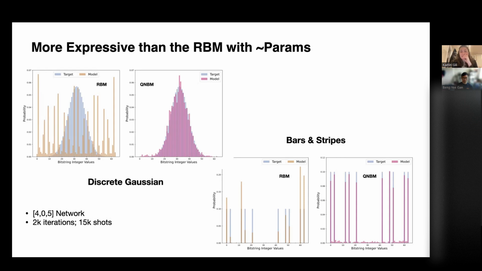The nice thing about the QNBM and the QCBM is that their training algorithms are very similar: same cost function, same way of sampling, and we can even use the same optimizer. Whereas classical models like the RBM are trained differently than quantum models in many ways, so it's really difficult to have a very fair comparison. With the RBM, we tried to tune the hyperparameters and optimize it in many different ways, and we still couldn't find an RBM that beat our QNBM.